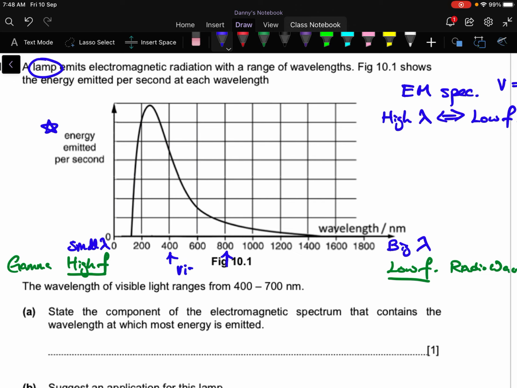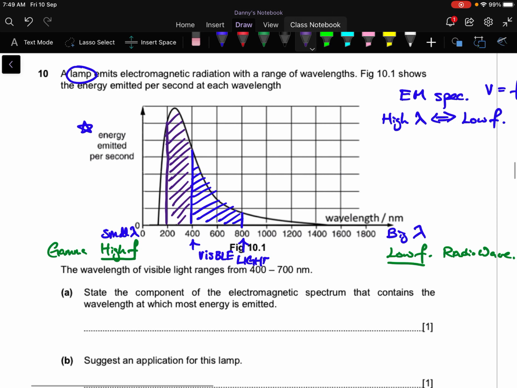Between 400 and 700, this will be my visible light. And as you can see from this graph, actually there's not much visible light, right? The biggest part of what this lamp is producing is actually this part over here. So that's why I actually sketched this part out, low and high.